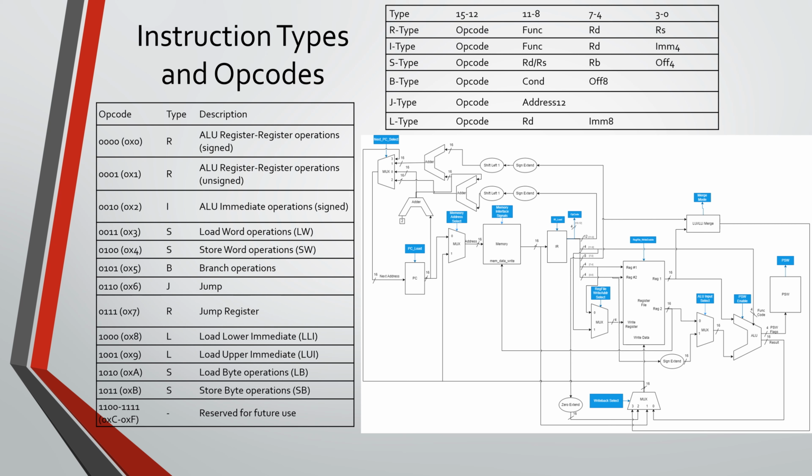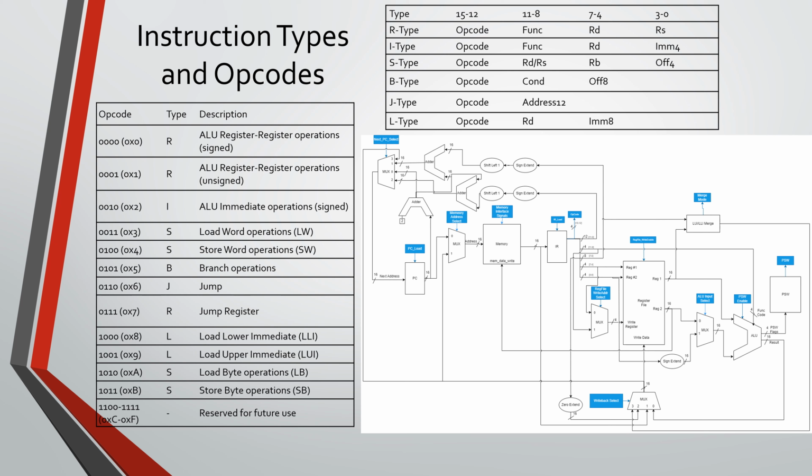We select the register files for the address and the value. That feeds back to the memory subsystem, and in the case of a load, it'll write it back into the appropriate register. Branching and jumping.